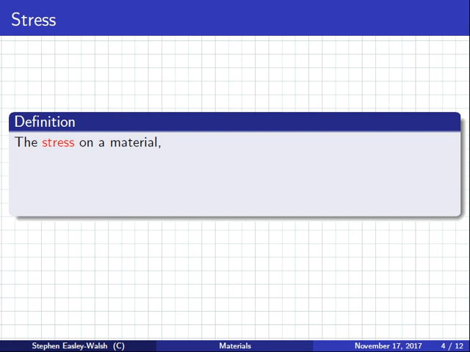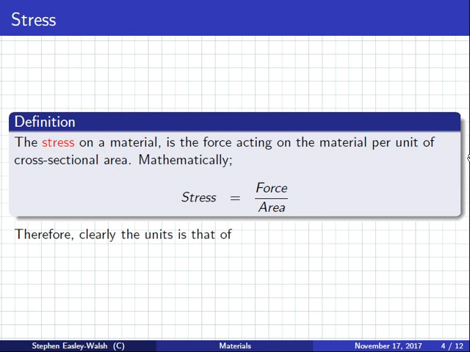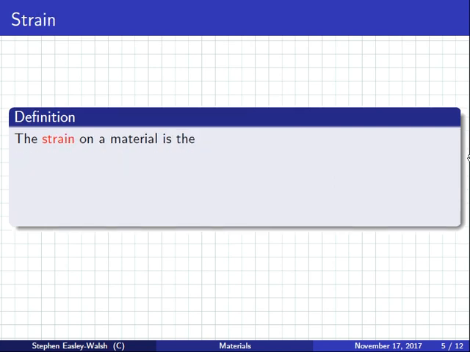Stress on a material is the force per cross-sectional area, which is kind of like a pressure. In fact, really it is a pressure, because the formula is force over area, but then you realize, oh, that's Pascal. Therefore, clearly the unit of stress is Pascal.